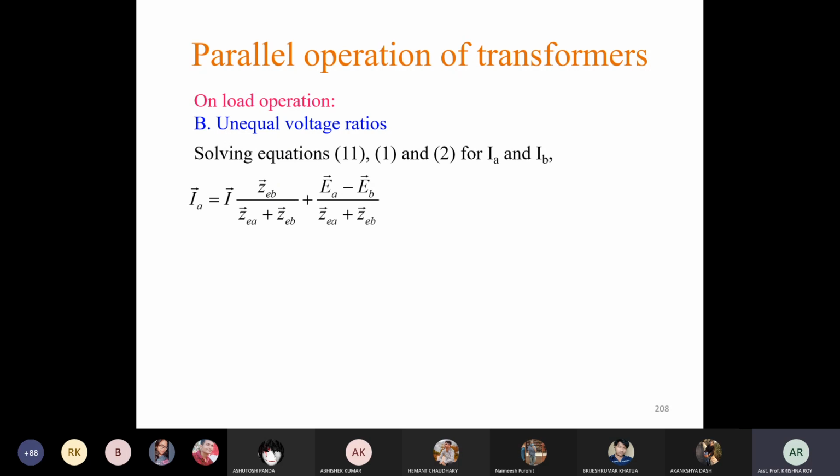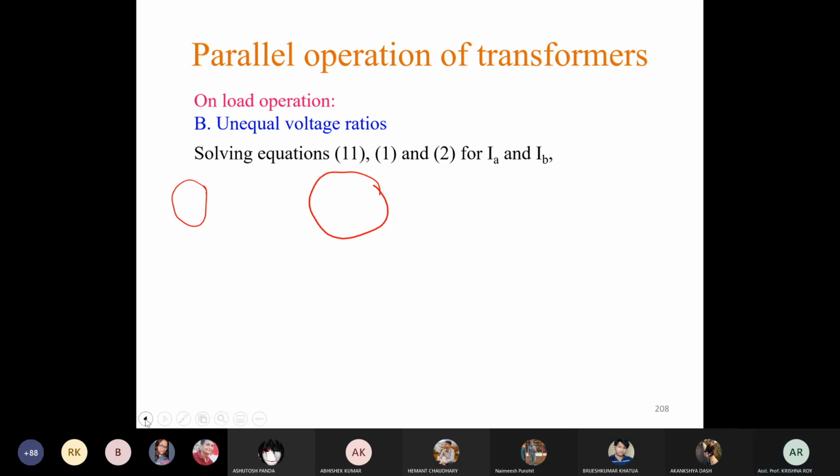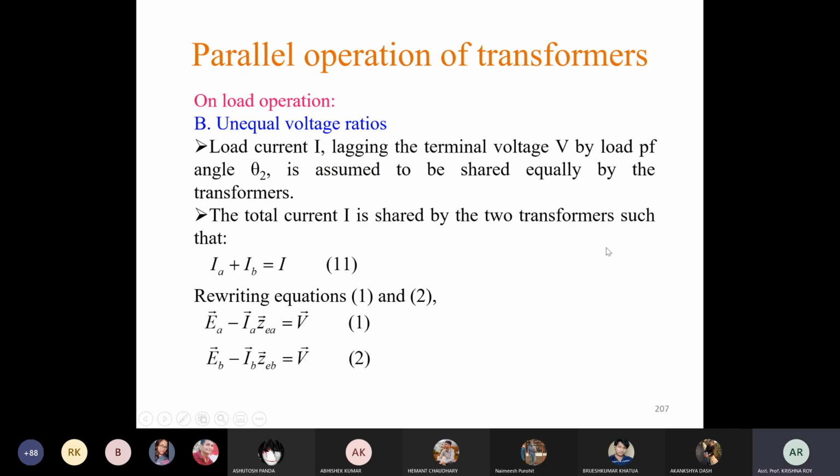IA is equal to I into ZEB by ZEA plus ZEB, plus the circulating current. This is the load current shared by transformer A, the actual load current, and the sum of these two currents will be the total load current of transformer A. Solving these equations, you will get the expressions for IA and IB also.